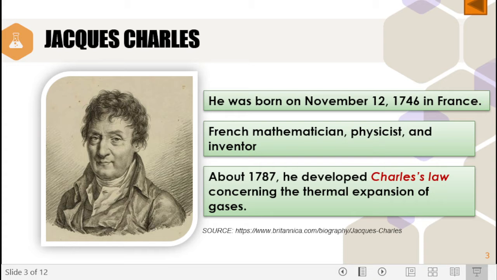About 1787, he developed Charles' law concerning thermal expansion of gases. According to Jacques Charles, as the temperature increases, the volume of gas also increases. And as the temperature decreases, the volume of the gas also decreases.